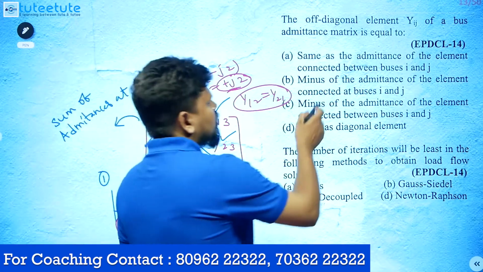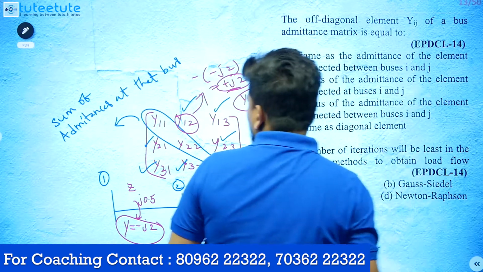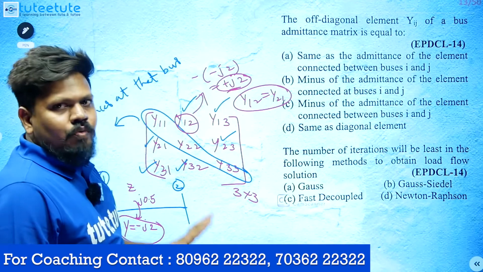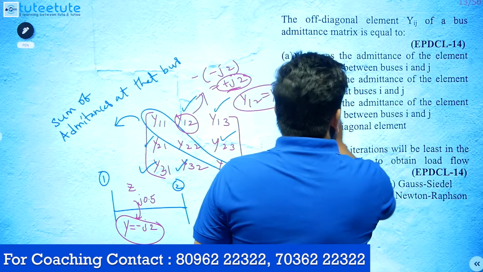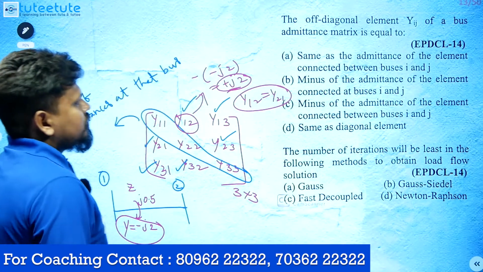See the options. Same as the admittance of elements connected between buses 1 and 2? No, we are not writing directly like that. Minus of the admittance of the elements connected at buses I and J? That is not the correct one.